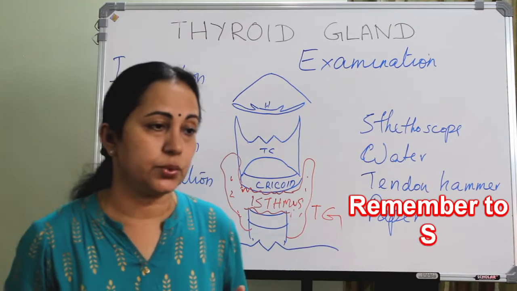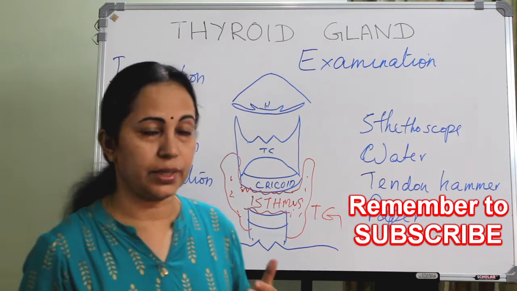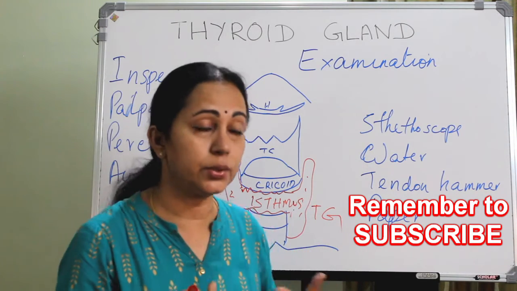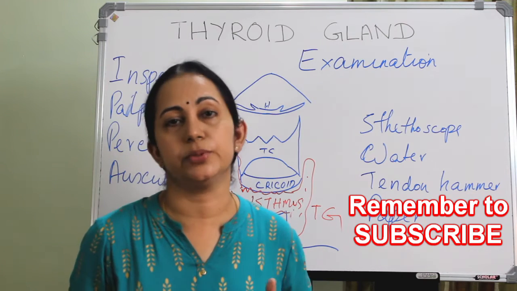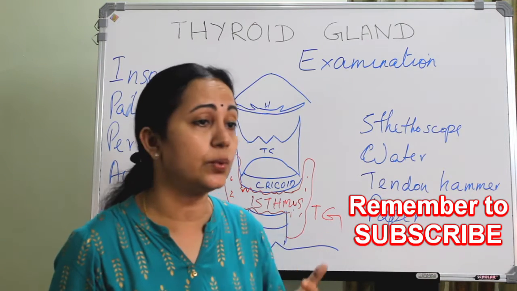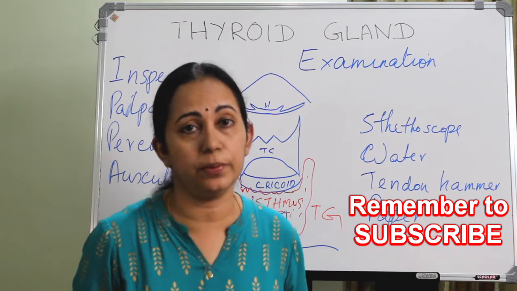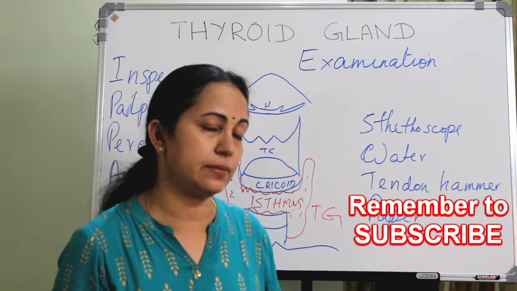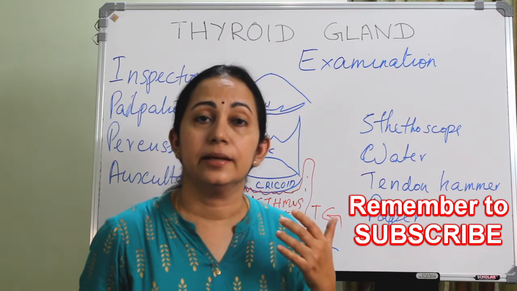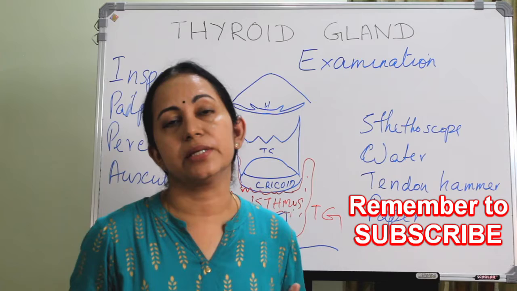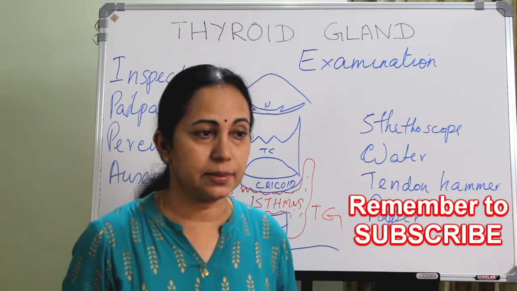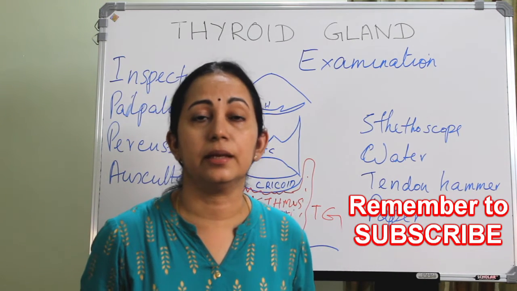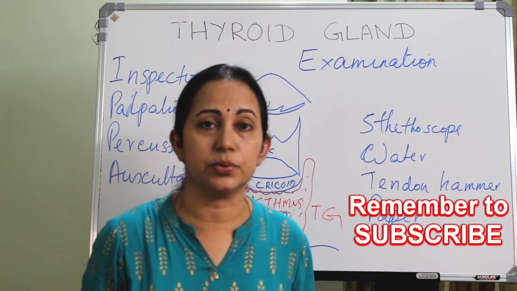Once a patient is coming to your cubicle for examination, you have to introduce yourself to the patient. That is ideally to build rapport with the patient, and when there is a very good rapport, your whole job will be easy. So introduce yourself to the patient, and after getting a very brief history, confirm the patient details. That is, ask the patient's name and then explain the procedure to the patient.